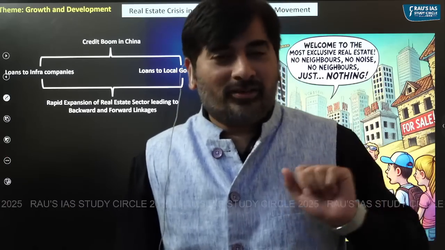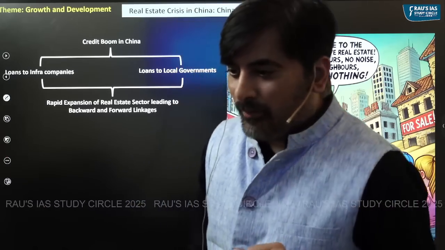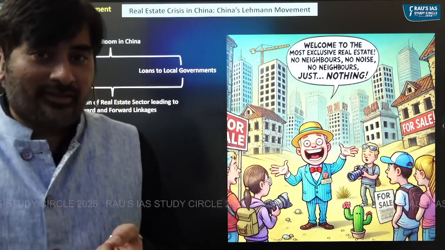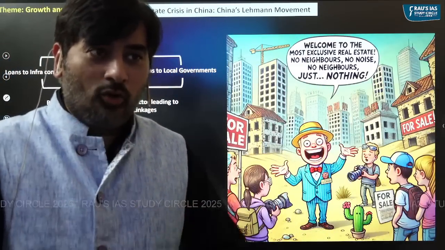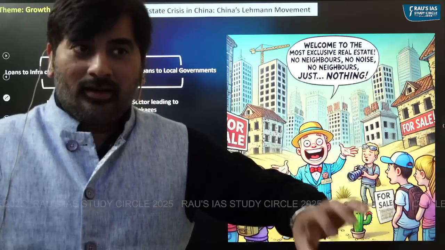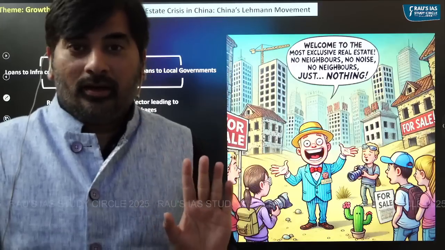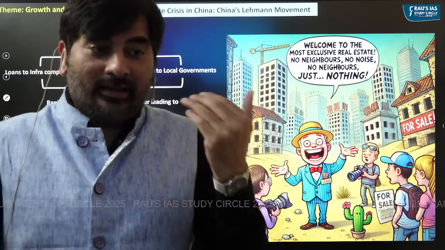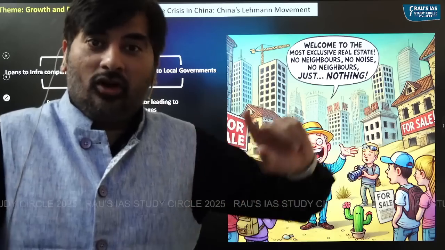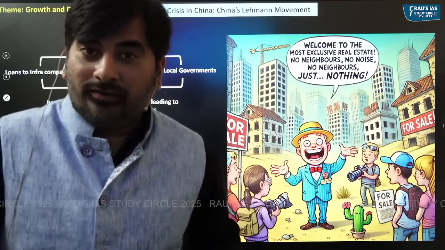There is another part of the problem also. The other part of the problem is, understand, how did infrastructure companies and local governments create all of that property? By borrowing. So unless they sell off this property and recover money, they will not be able to repay the loans.